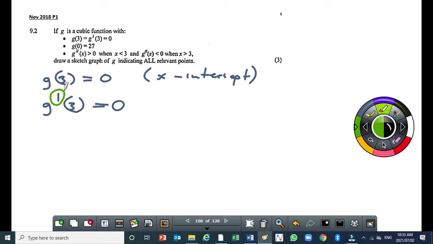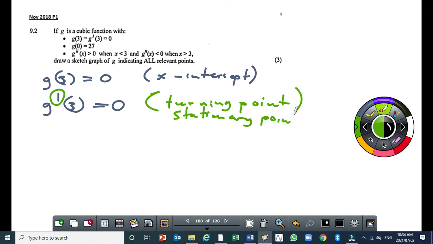turning point. What did I say if an x-intercept is at the same point as a turning point? What does it mean if an x-intercept and a turning point are at the same point?